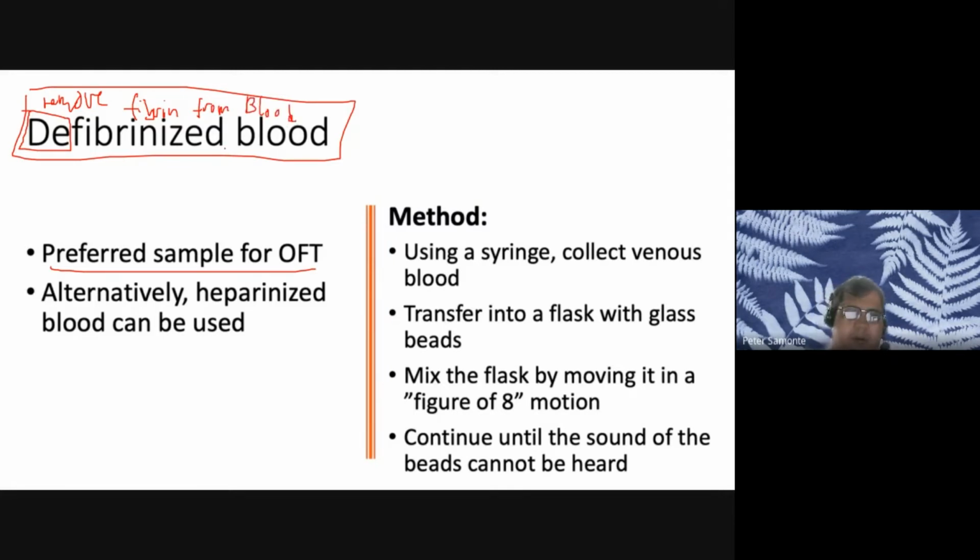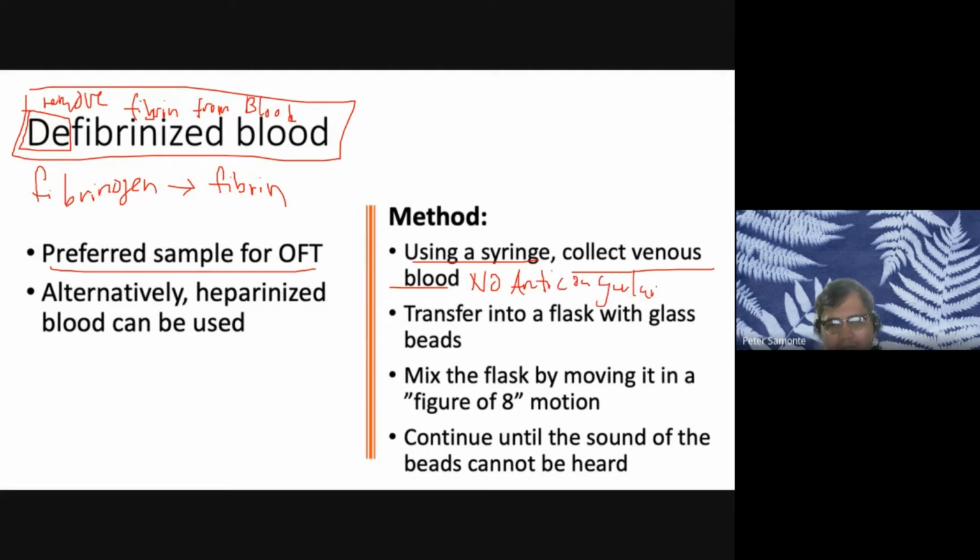If you recall, when your blood clots, class, fibrinogen becomes fibrin. To get the defibrinated blood, you're going to use a syringe and collect venous blood. You won't be using any anticoagulant, because again, you need to remove the fibrin.